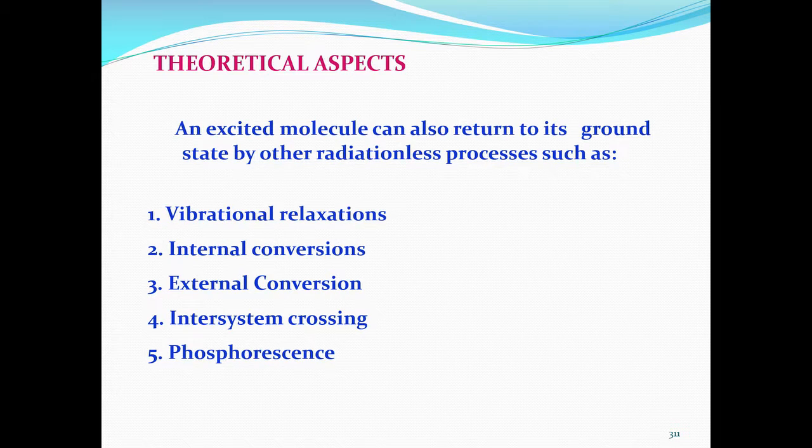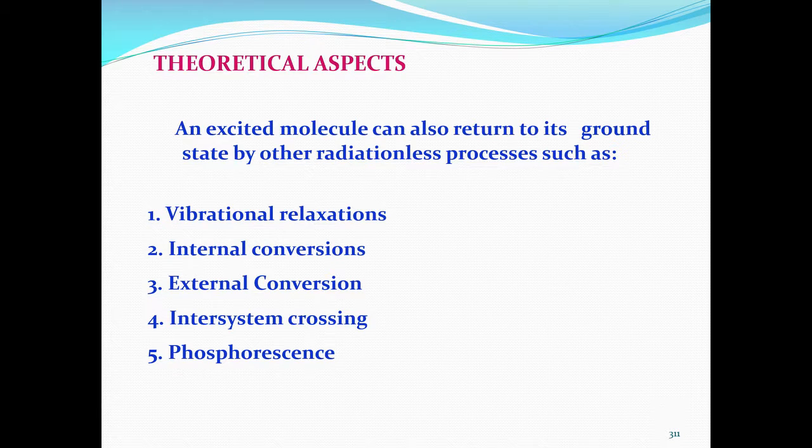One is vibrational relaxation. I think all of you remember that every excited electronic state is associated with several vibrational and rotational energy levels. I have shown you earlier in one of the slides that vibrational relaxations do occur in the schematic diagram, and then sometimes what happens is internal conversion.